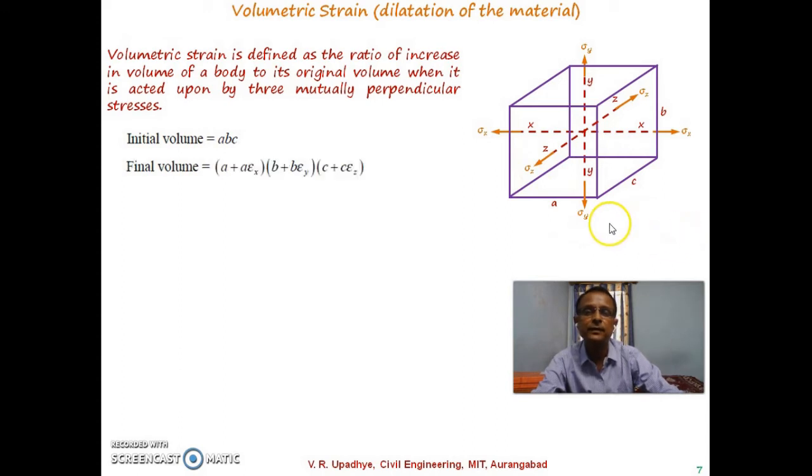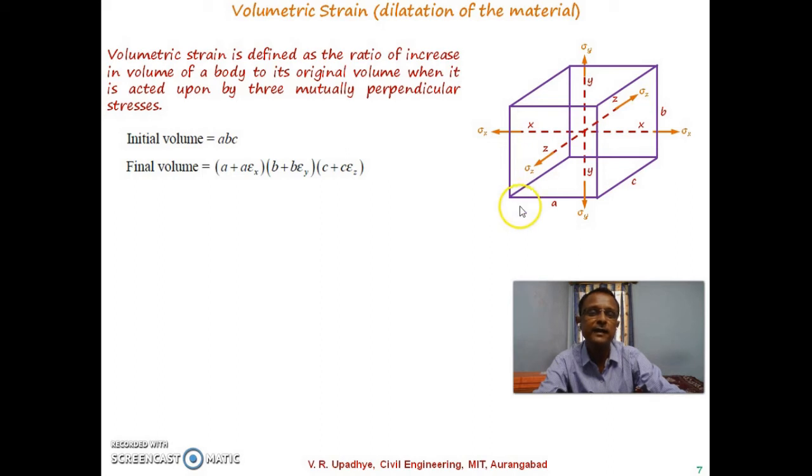And for the final volume, if epsilon x is the total strain in the x direction due to sigma x, sigma y and sigma z, then the change in length will be A into epsilon x, the change in dimension along the y-axis will be B into epsilon y, and similarly the change in dimension about the z-axis will be C into epsilon z.